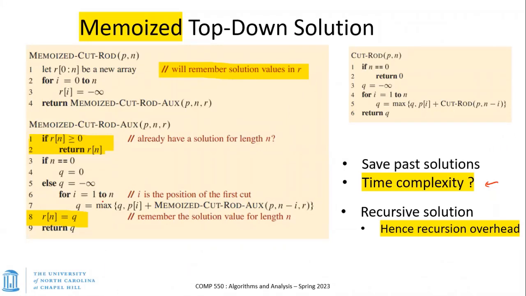It's doing for i equal to 1 to n, and then it's doing a recursive call as well. This may not be completely obvious, but it will give you a theta of n squared solution.